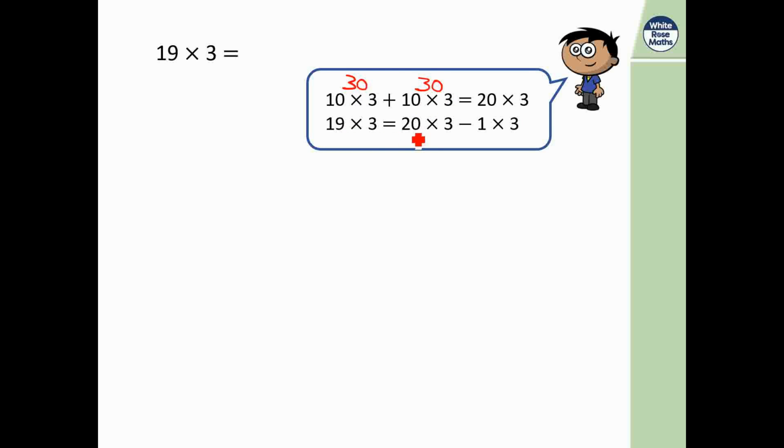And then you need to take away 1, 3. Because 30 plus 30 makes 60. And then you minus 1, 3. So it's 60, take away 3, which gives us 57, right.